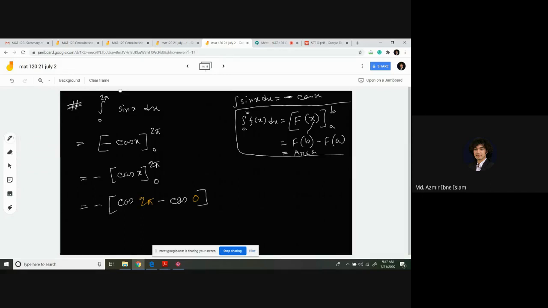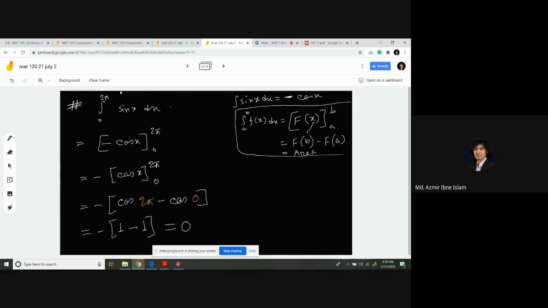Here the upper limit is 2 pi and the lower limit is 0. Now tell me, what is the value of cosine 2 pi? Cosine 360 degrees is equal to 1. Negative cosine 0. Cosine 0 is 1. Clear? Is that okay? Yes, sir. Okay, so it is 0.